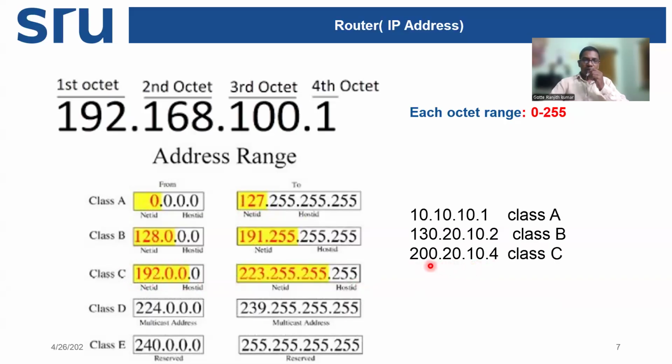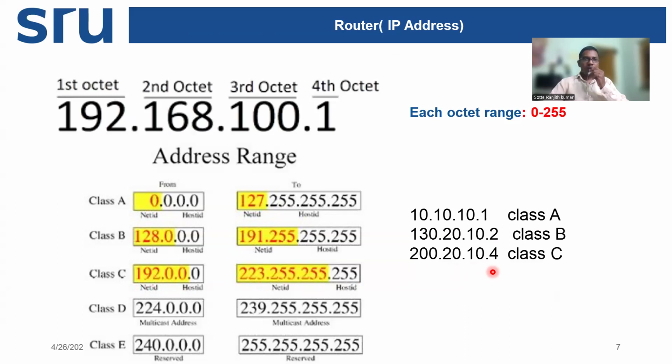This 200 is in the range 192 to 223, so this falls under the class C address. Since it is a class C address, the first 3 bytes represent the network address, and the last byte represents the host address.